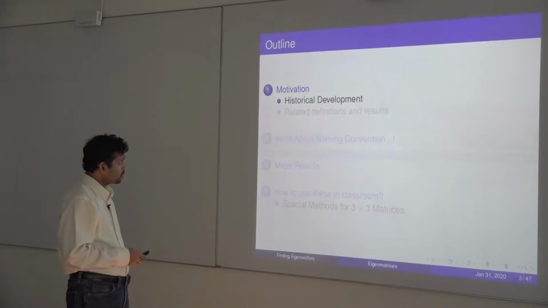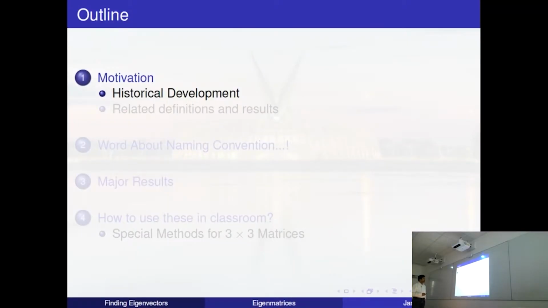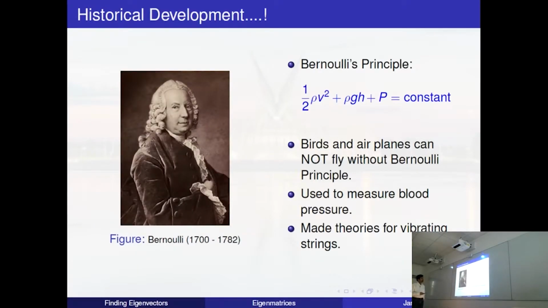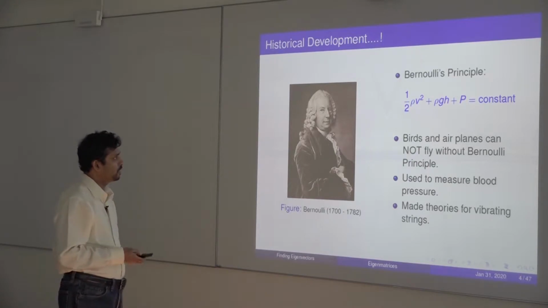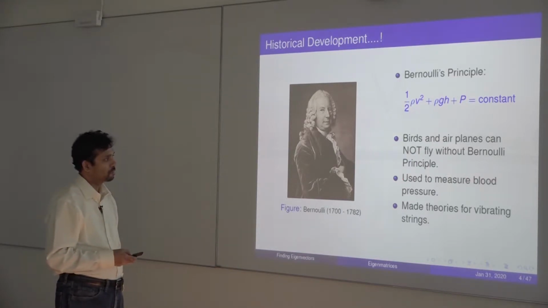So let's talk a little bit about the theory. We know Daniel Bernoulli. Daniel Bernoulli is the one who came up with the background of the eigenvector. He is also the one who came up with what we normally call the Bernoulli principle in physics, which governs planes, or maybe how a bird flies. And in historical days, they used the Bernoulli principle to measure blood pressure.